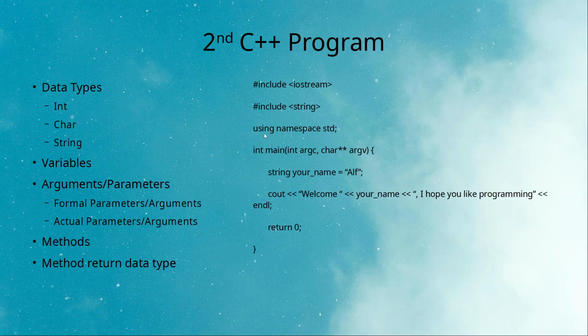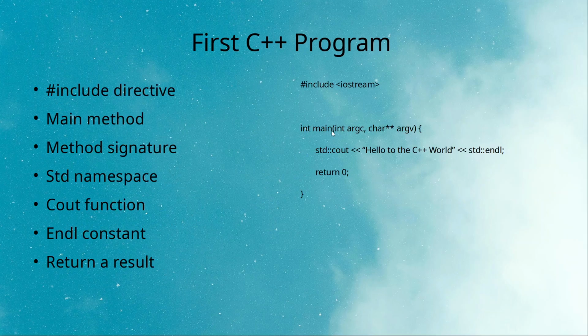The only other difference is we have one extra line over here, the third line, using namespace std. If you go back to the previous program, we were using cout, and every time we use cout or some other command from that library, we had to use std, that is the standard library. Std colon colon and then cout, std colon colon and then endl.